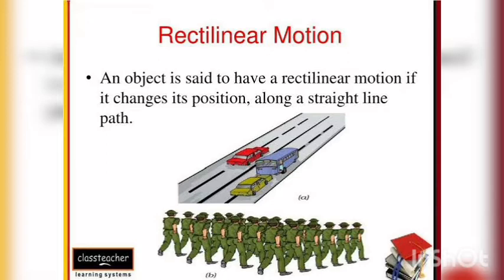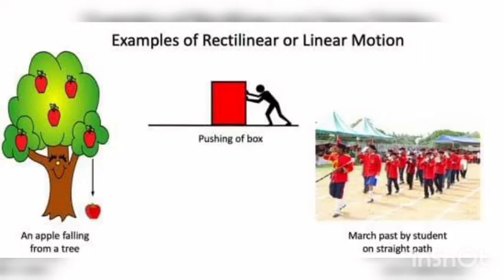There is no movement here or there. Okay. Even the cars which are running on the highway, they move in a very straight line. They are not moving here or there. So an object is said to have a rectilinear motion if it changes its position along a straight line path.